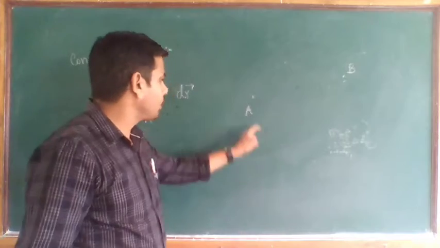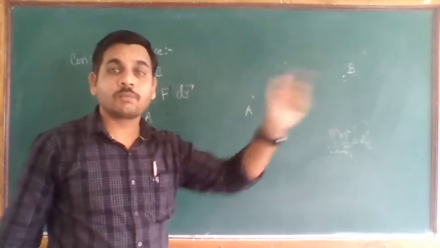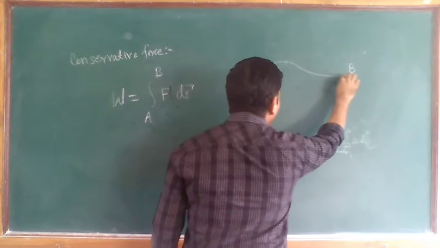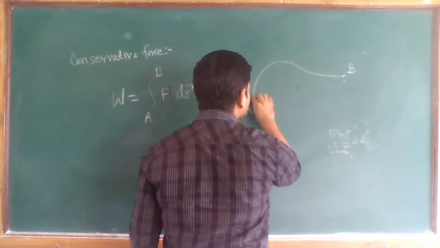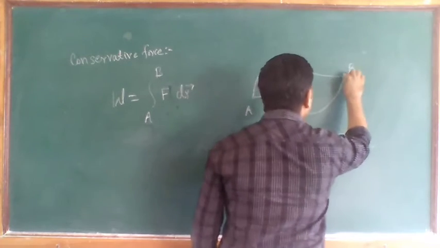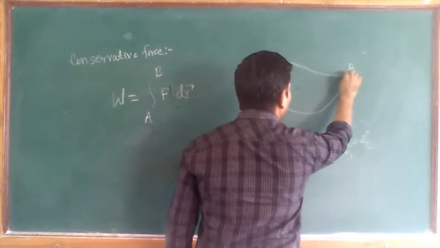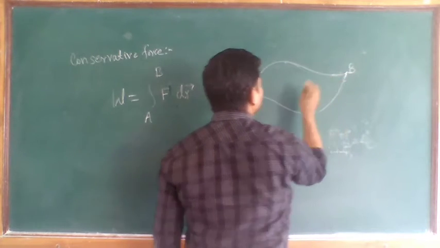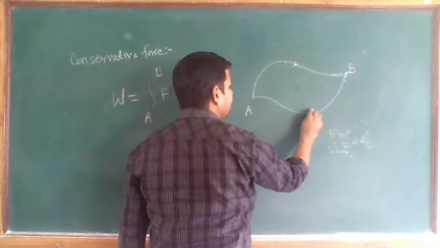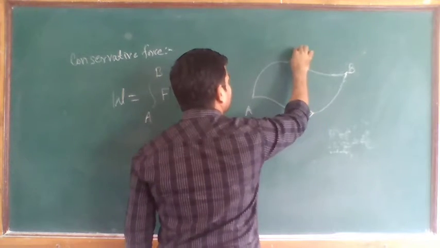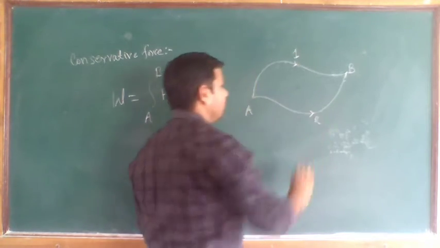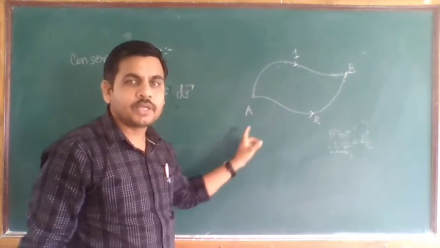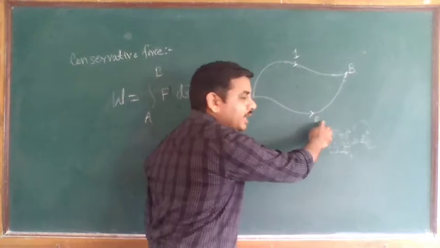From A to B along the curved path, we can say that this is path 1, this is path 2. The particle may move along path 1, or along path 2.